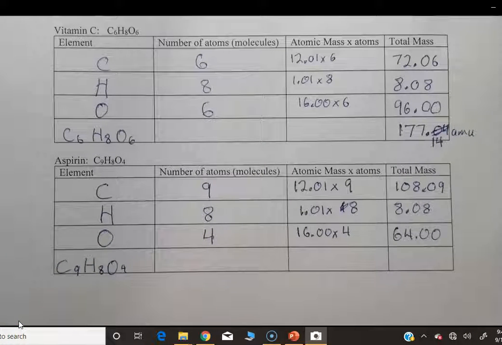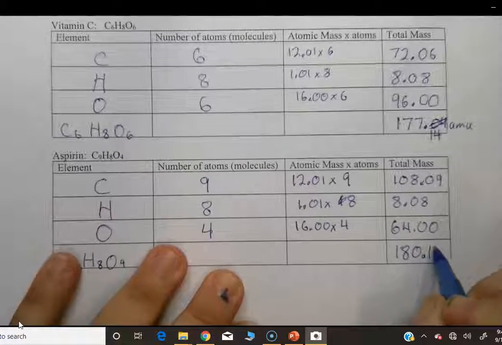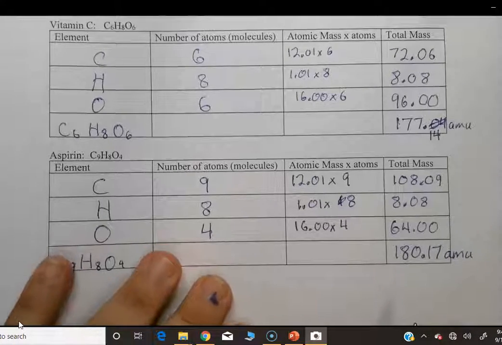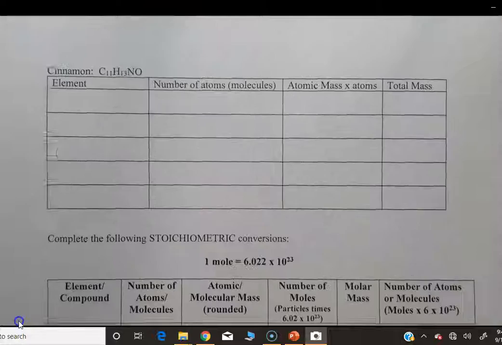Okay, and so now we just add them up. I'm not going to try to do this in my head. 180.17 atomic mass units, always a unit of measurement at the end. Okay, move on to the next page.